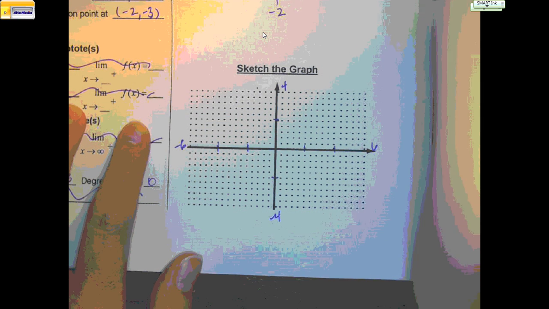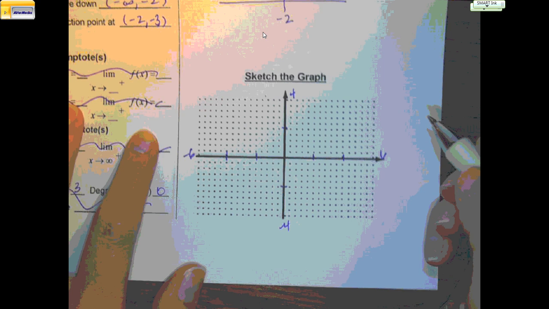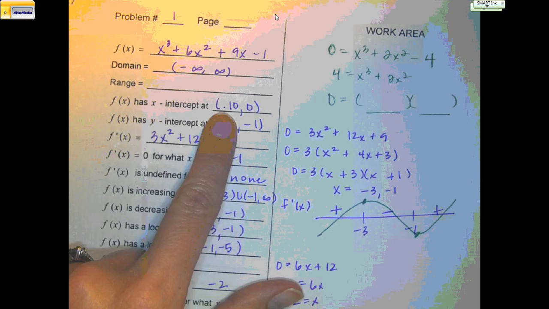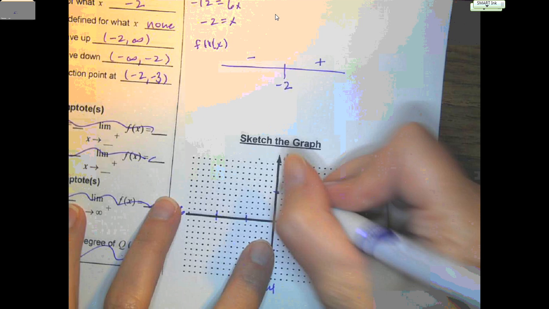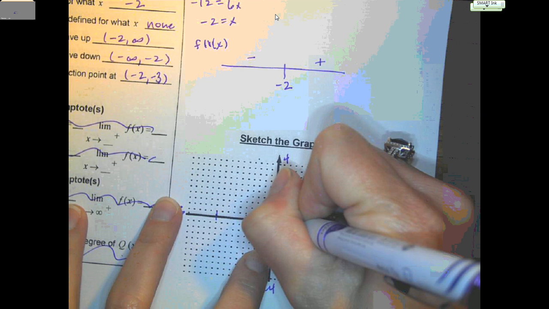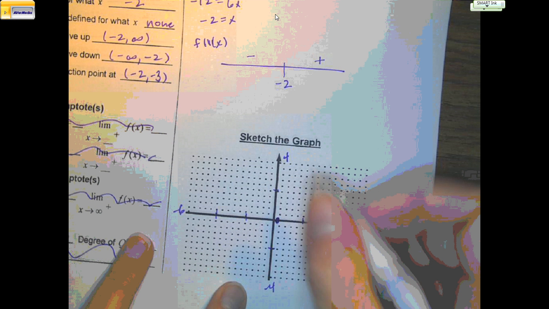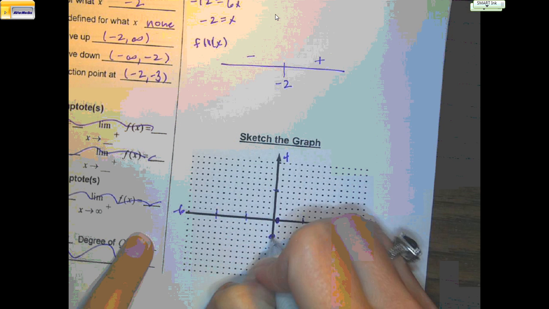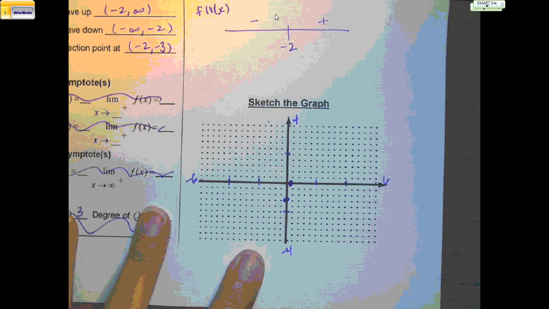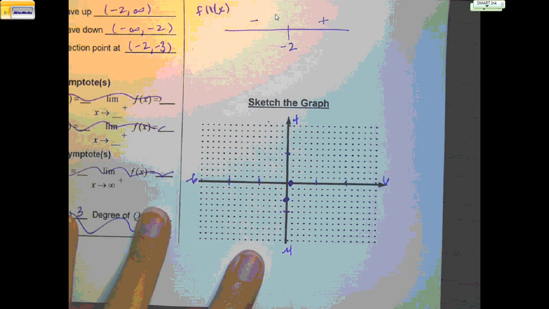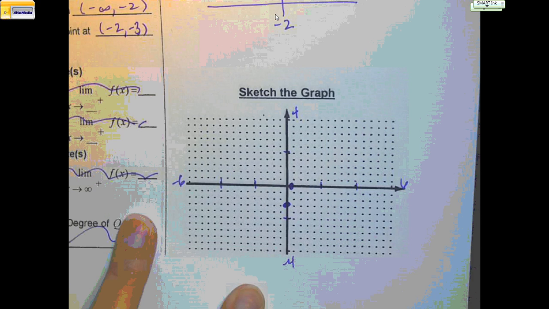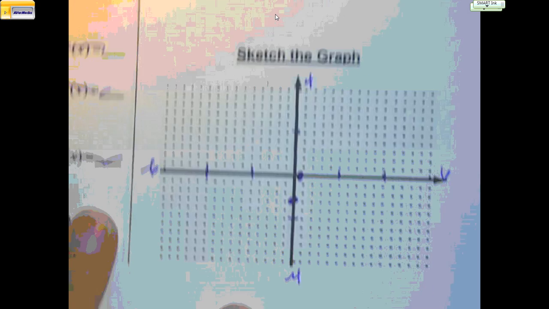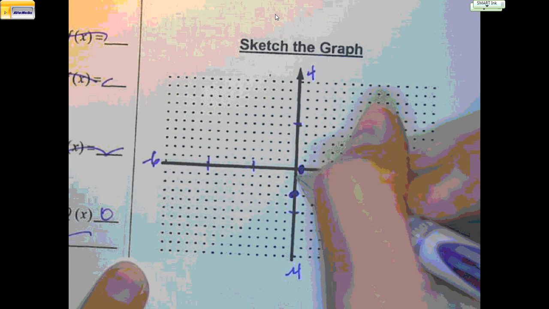Let's look at our points. I've got (1, 0), sorry, is one of my x-intercepts, so that's just snuggled up right next to that little guy. I also have one at (0, -1), so (0, -1) is going to put me about right there. What else do we know? Yeah, we have a maximum and a minimum. There's a local maximum at (-3, -1), and there's a local minimum at (-1, -5).